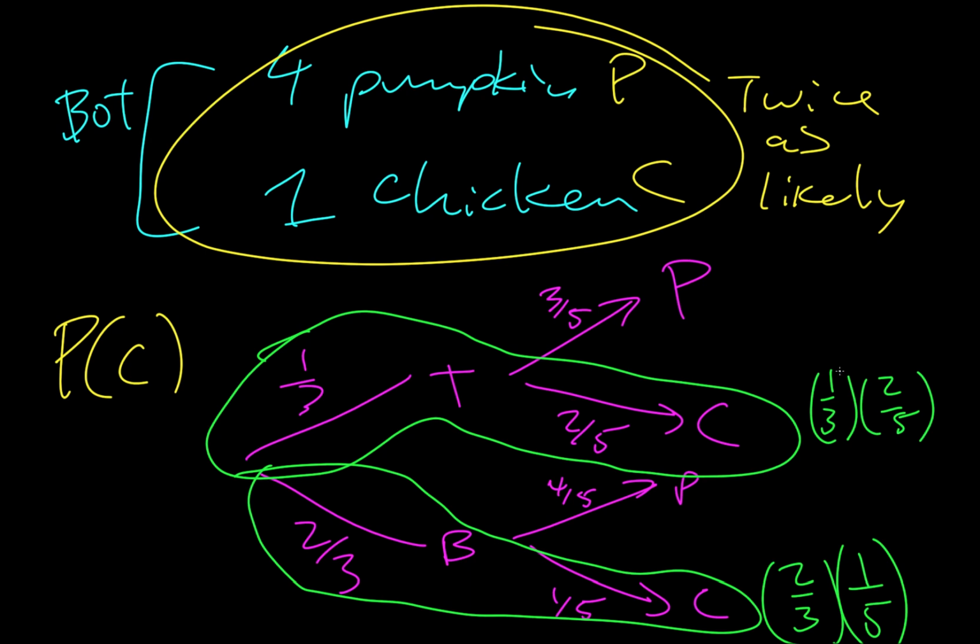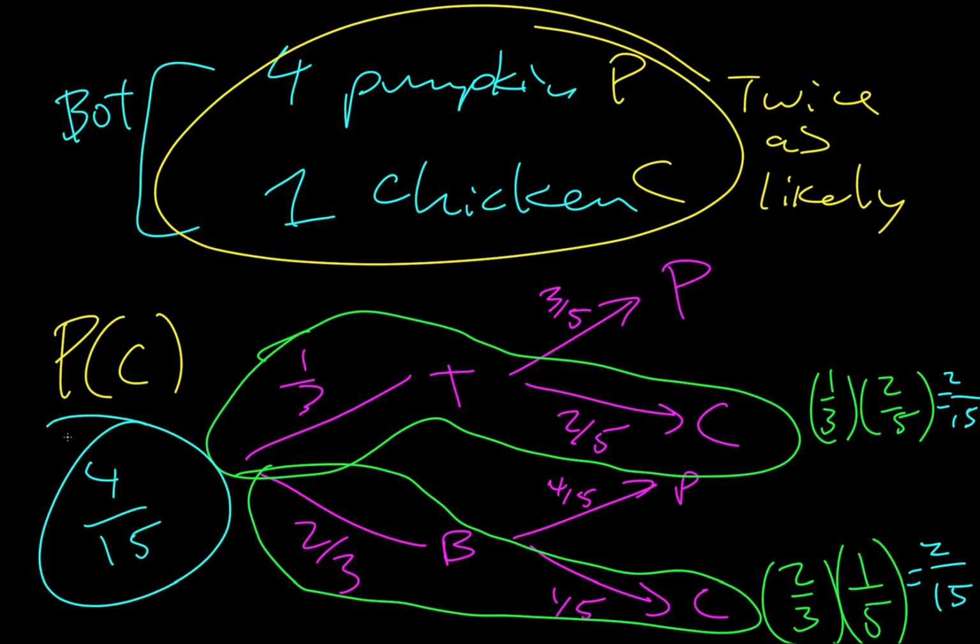Okay, so if we multiply those out, 1 times 2 is 2 over 15. Multiply this one out, it's also 2 over 15. Okay, since there's two ways to do it, we need to add those together. So we end up with a 4 over 15 chance on that one.